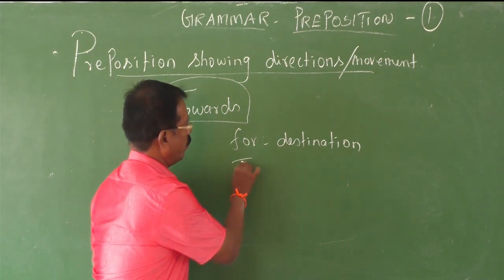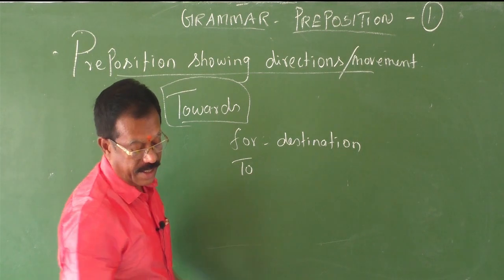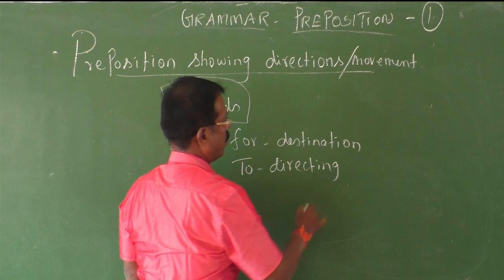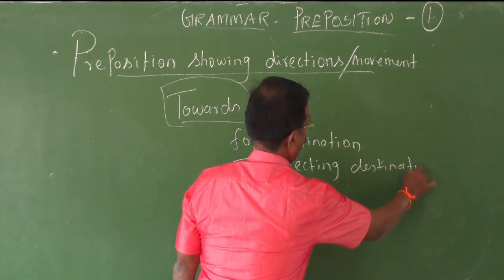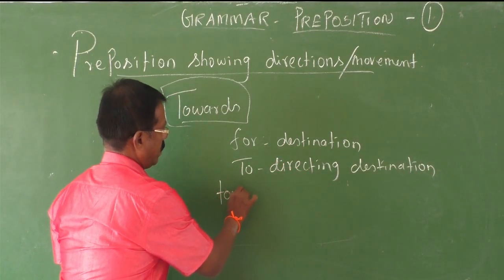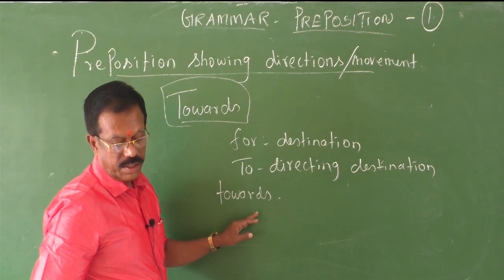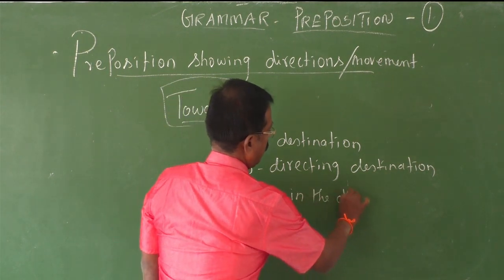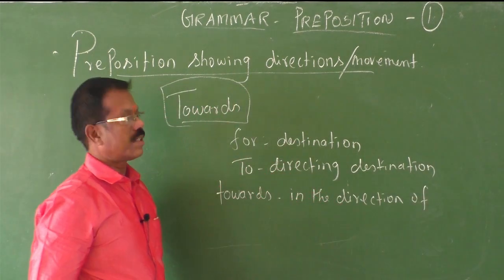Okay. Then to. We use this preposition for directing destination. Then towards. This is used in the direction of. Okay, children, could you understand?